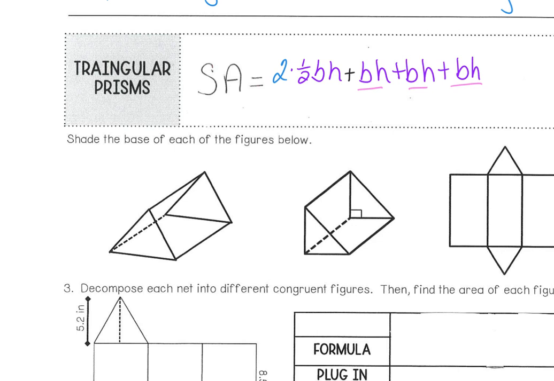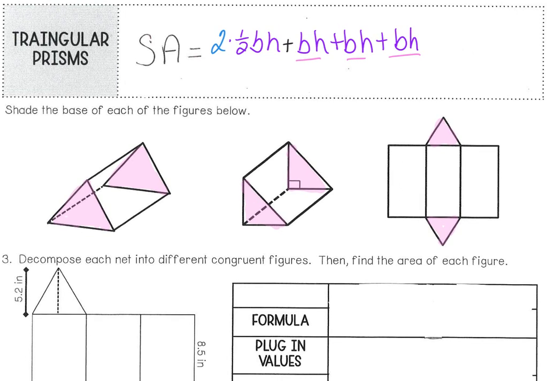The base is going to be whatever the shape is. With the rectangular prism, we talk about the bottom, but with the triangular, it's going to be the triangles on the ends. So go through and please shade the triangles in each of these. I'm going to go ahead and pause. Please pause and shade.